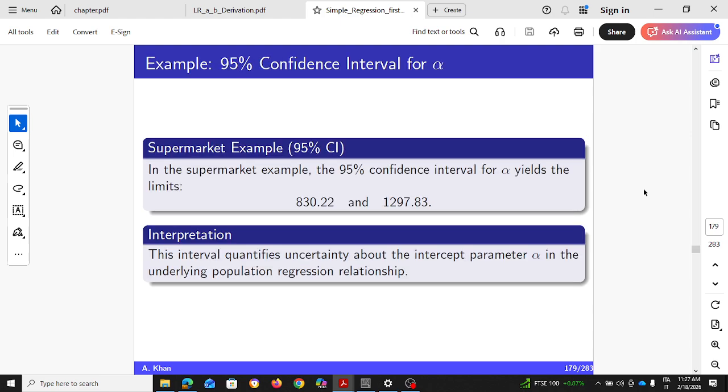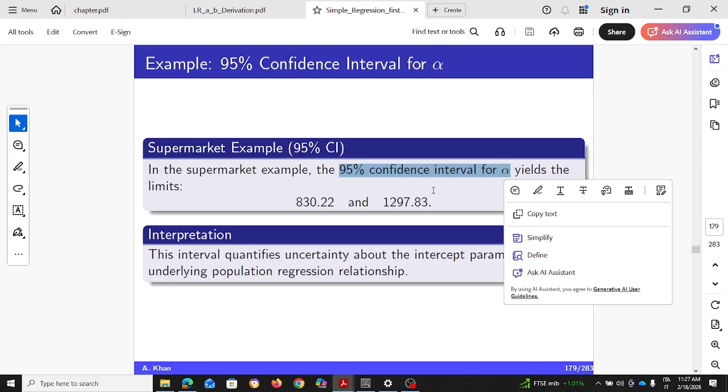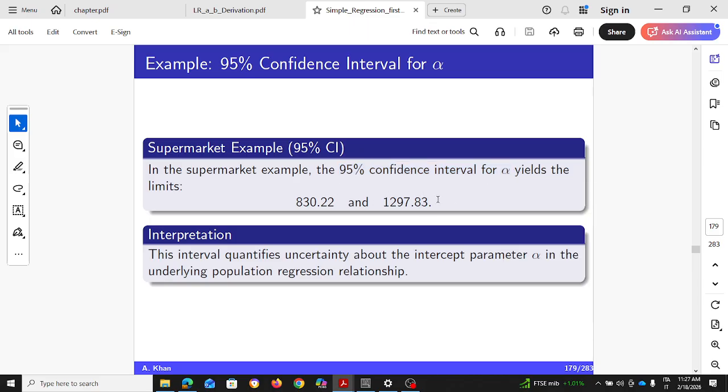With a 95% confidence interval for alpha, which is the intercept in the supermarket example, we get these two limits.